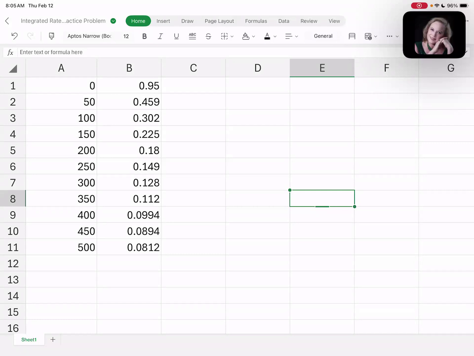For 0 order and 1st order, the slope of the line is equal to a negative rate constant. In 2nd order, the slope of the line is equal to a positive rate constant. So again, we can use those equations to determine our rate constant.